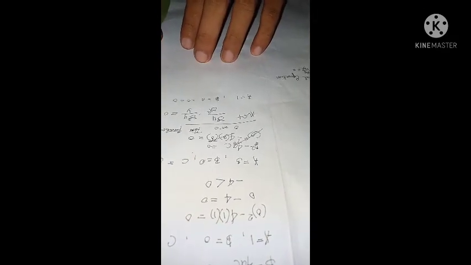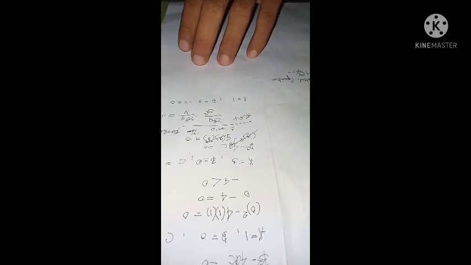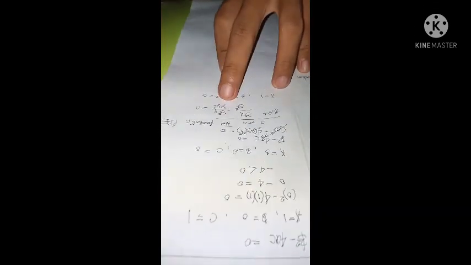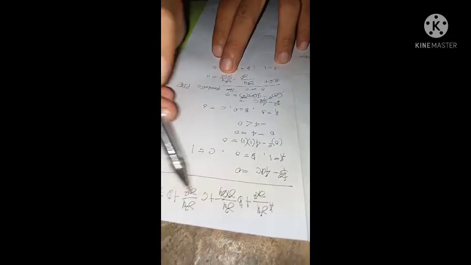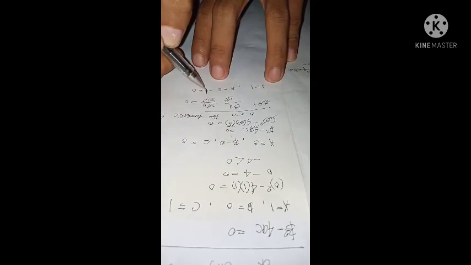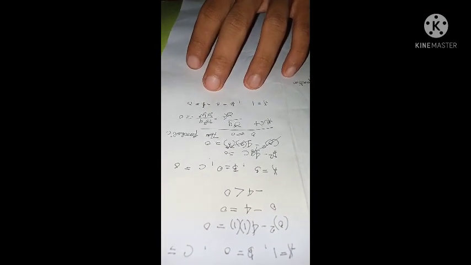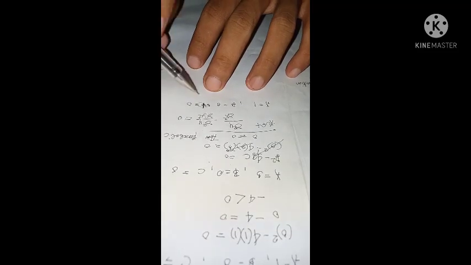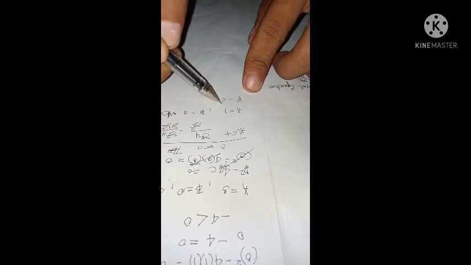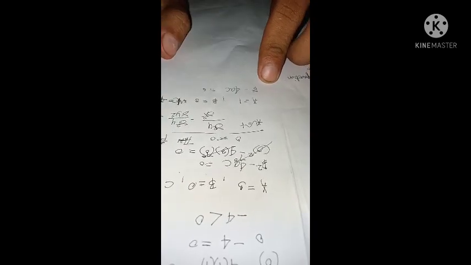with respect to y squared. So C here is negative 1. So b squared minus 4ac is equal to 0.